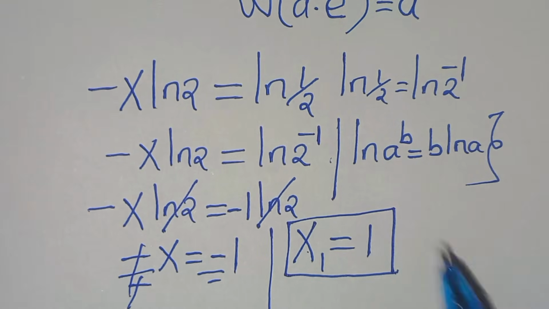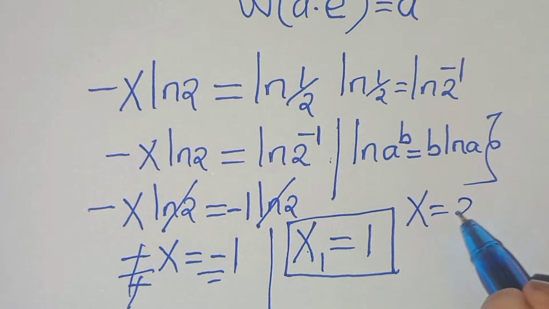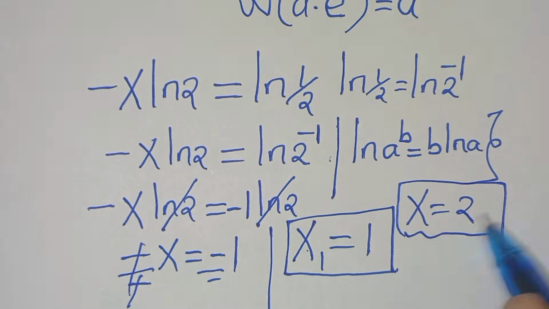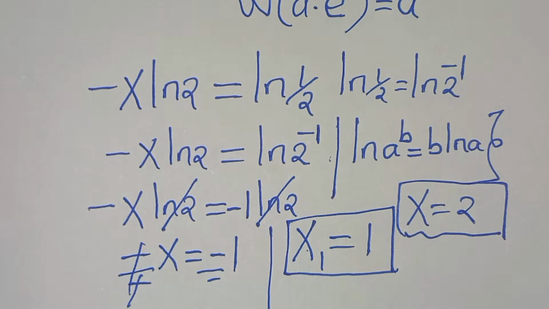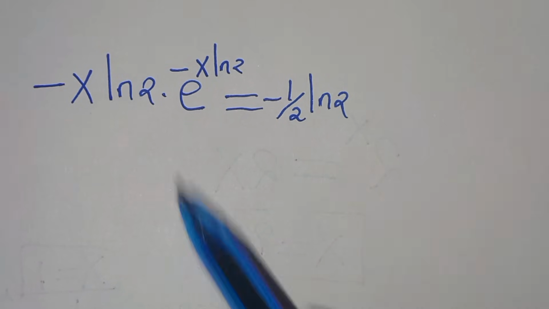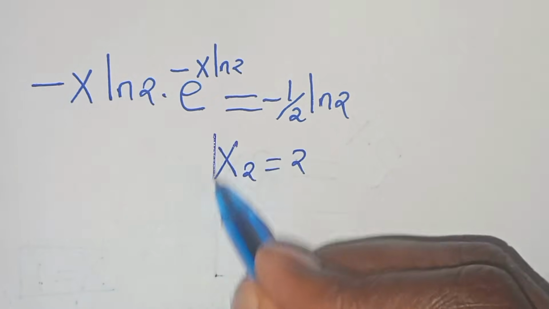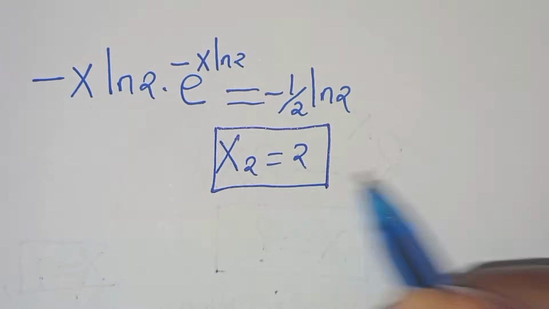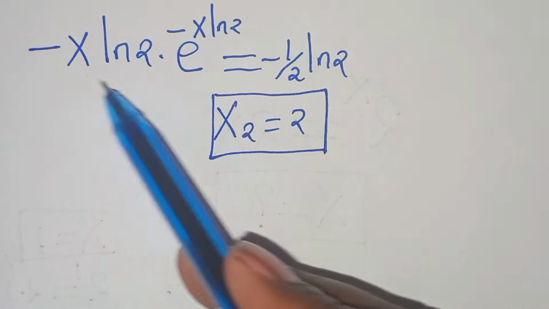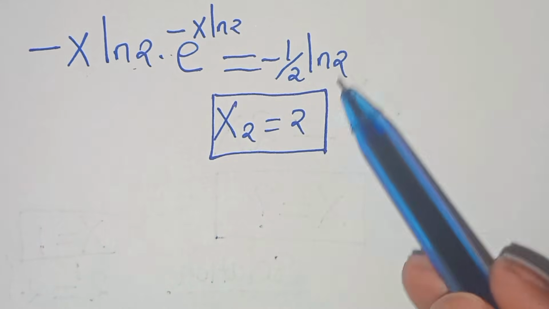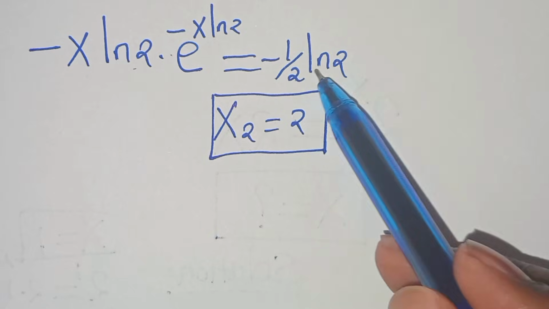So let's show also that x is equal to 2. That is, x equal to 2 also is the solution to this algebra problem. So let's show this quickly. Now from here, we want to show that x2 equal to 2 is also a solution to this algebra problem. We have minus x ln of 2 times e to the power of minus x ln of 2. This is minus a half ln of 2.